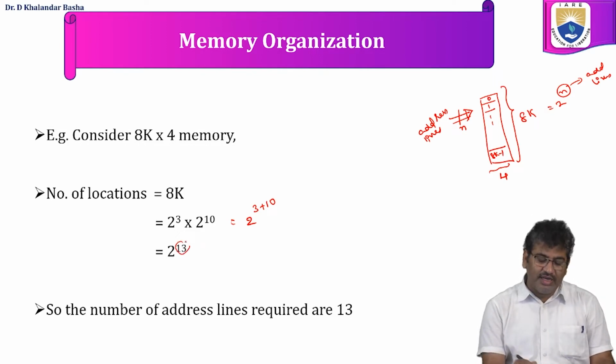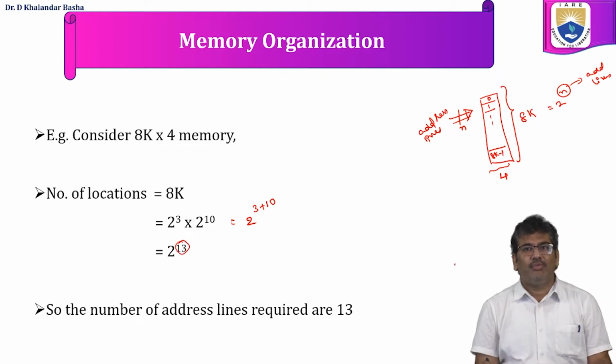This 13 specifies the number of address lines required, so the number of address lines required is 13. In 8086, we have the address space which is 20 bits in size. Out of these 20 bits, 13 bits we can use for accessing any memory location of this given 8K by 4 RAM.